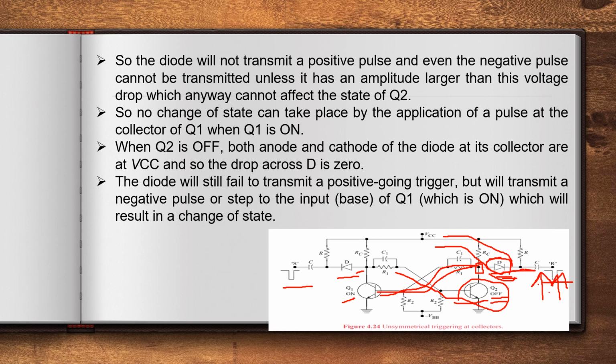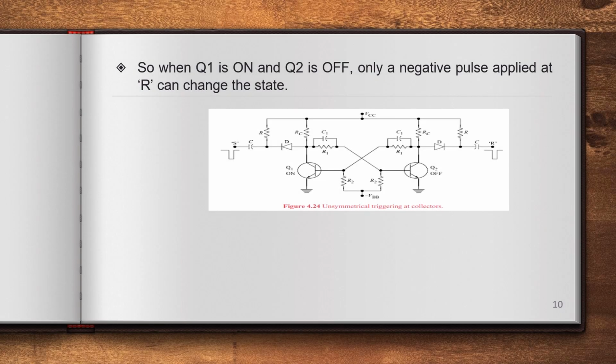Eventually, due to regenerative feedback, Q2 automatically enters into on state. So when Q1 is on and Q2 is off, only a negative pulse applied at this point R can change the state.